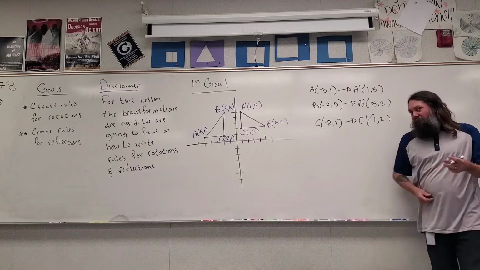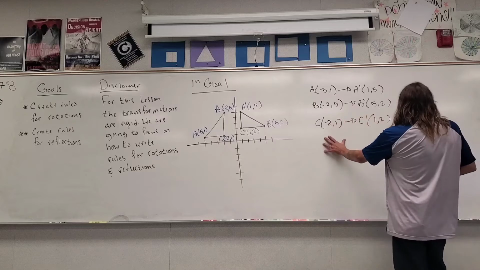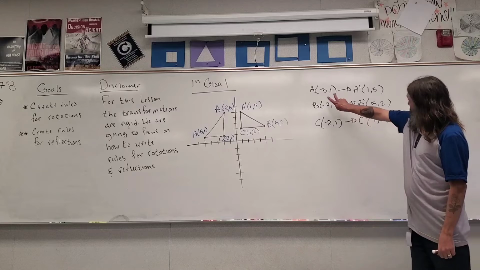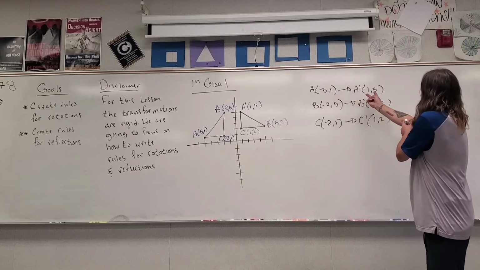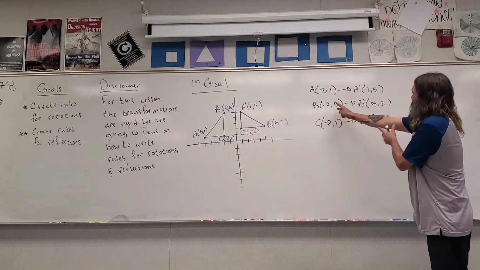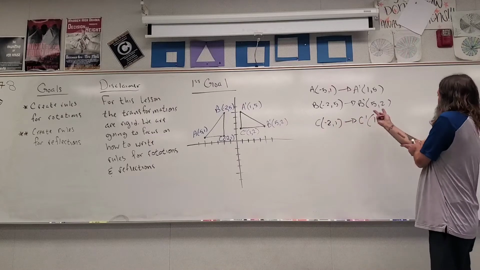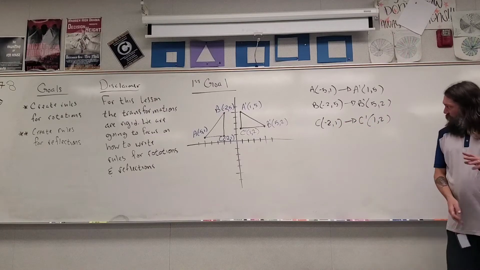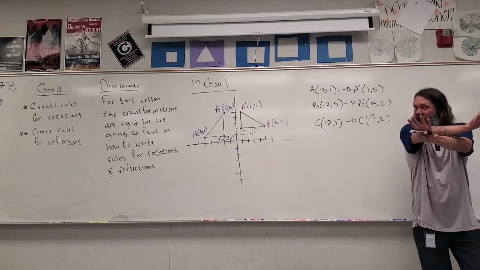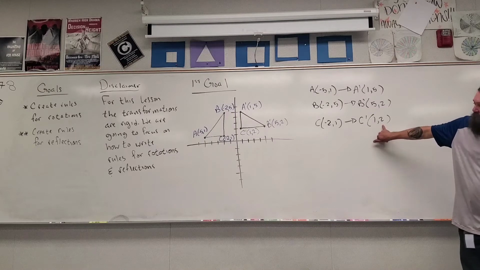All right, so let's see if we can distinguish a pattern in what's happening with these numbers here. For the most part, I have the same numbers. What's changing, though, is the order of the numbers. Here I have a -5 and a 1, which switches to a 1 and a positive 5. A -2 and a 5 switches to a 5 and a positive 2. And a -2 and a 1 switches to a 1 and a positive 2. So what looks like what's happening is the x's and the y's switch, and when the x's switch to the y position, the sign changes.